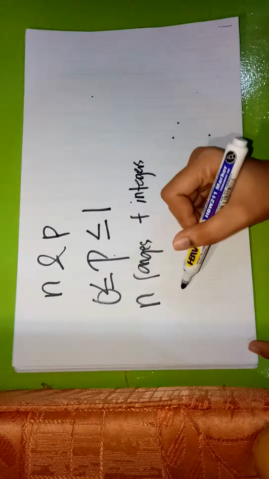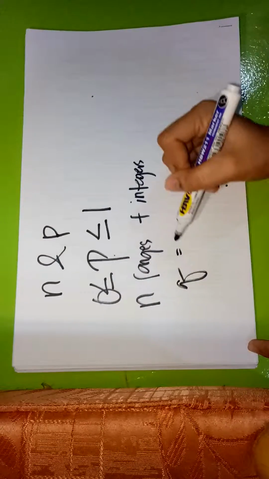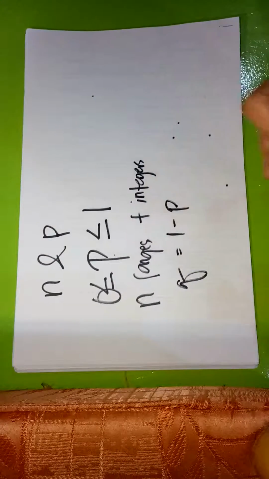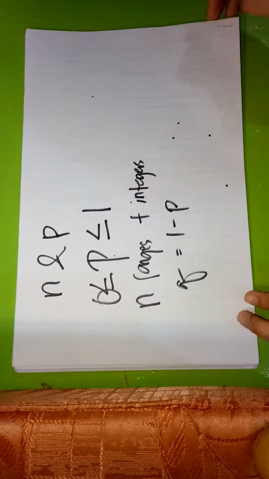And always remember that q is equal to 1 minus p. A distribution defined by the density function given is called a binomial distribution.